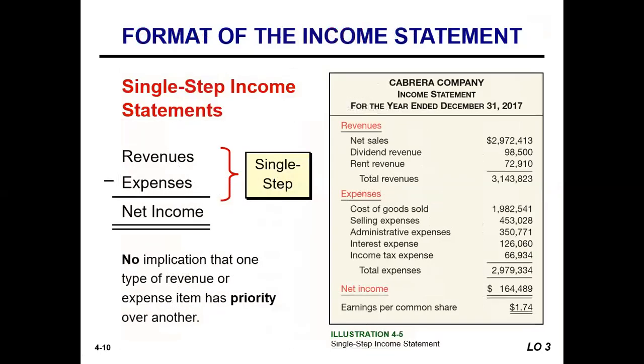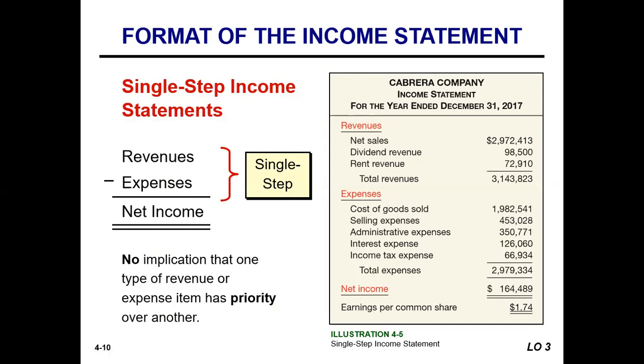All right, this was our beautiful single step income statement. And single step income statement, obviously we can see here by looking at it, it's a lot less complicated. We like it a lot. The thing with the single step income statement, just like it shows here, is that it treats revenue and expenses as all the same.